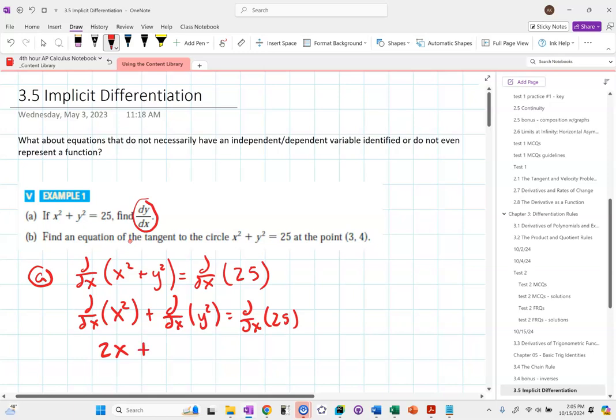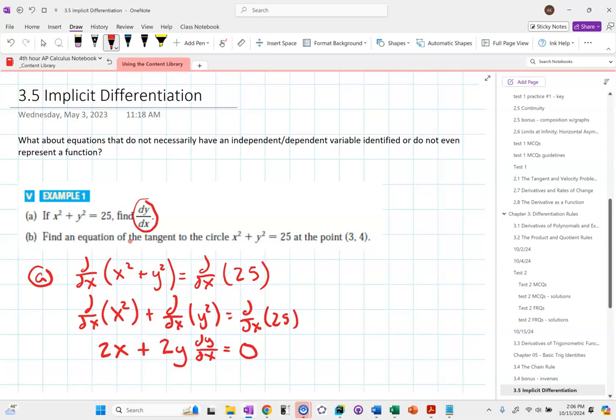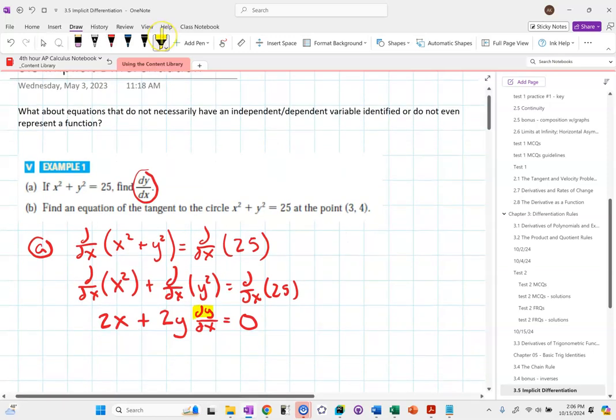What's the derivative with respect to x of y squared? Close. 2y dy dx. So what's really happening here, and okay, we'll explain this in a second. And then what's the derivative with respect to x of 25? 0, right? We'll come back and explain where this is coming from in just a second. Let's finish the problem up and then we'll talk about what's going on.